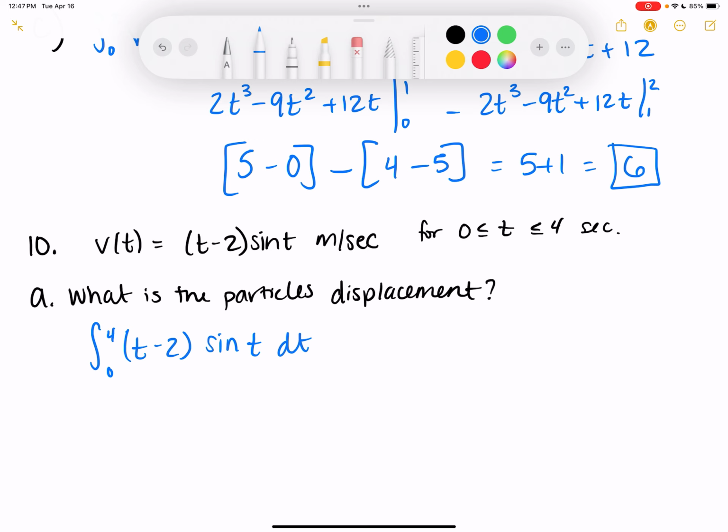So if I do use substitution, what's going to end up happening? What would you choose for u? T minus 2. So if you chose t minus 2, that means that du is just 1. But then you still have a t and sine of t in there by itself.